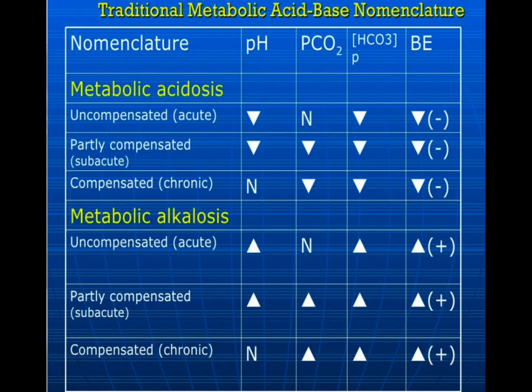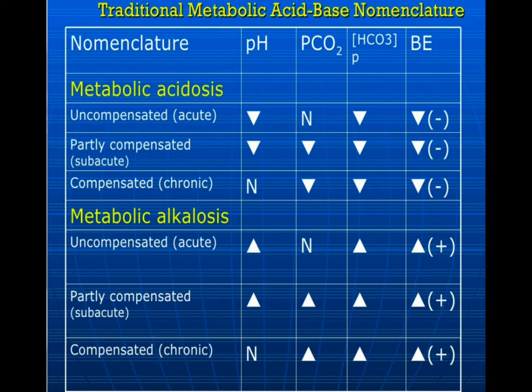For metabolic acidosis, uncompensated, you will get a result of acidotic pH, normal PCO2, low values of bicarbonate and base excess. Partially compensated, acidotic pH, low values of PCO2, bicarb, and base excess. Compensated, you get normal pH, low values of PCO2, bicarbonate, and base excess.